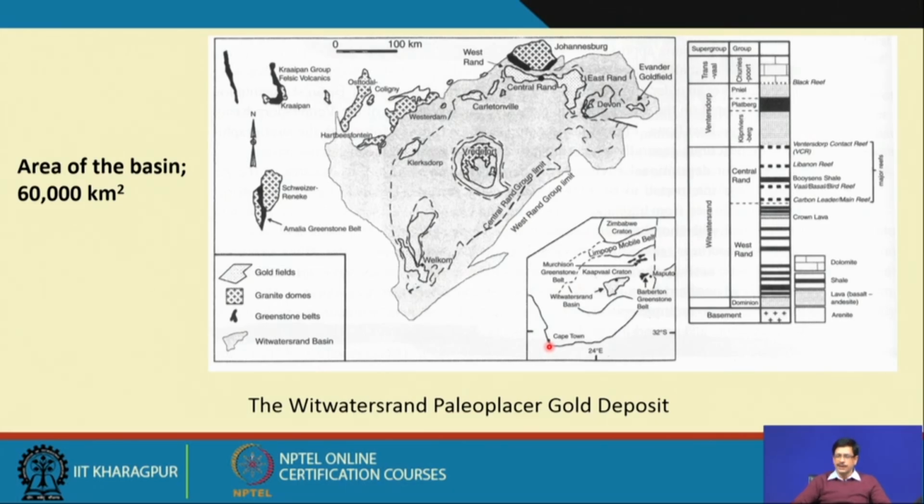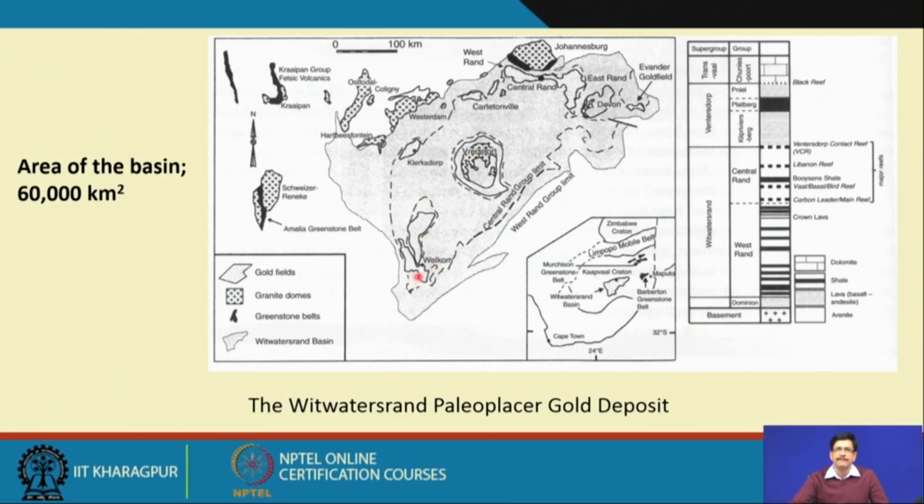This diagram, taken from the book of John Ridley, is the plan of the Witwatersrand Basin. This basin, with the central Witwatersrand group, is about 60,000 square kilometers. Possibly it's difficult to find any present day analog of such a huge fluvial system in operation.